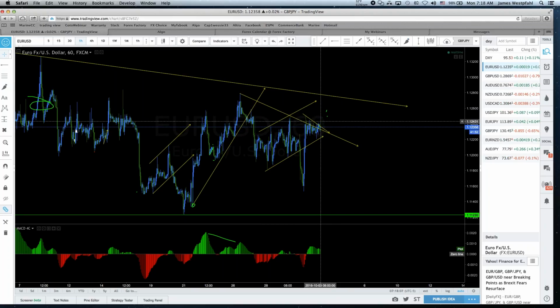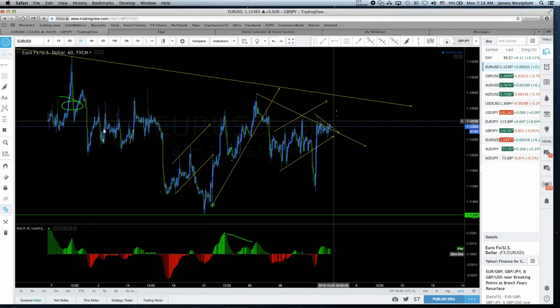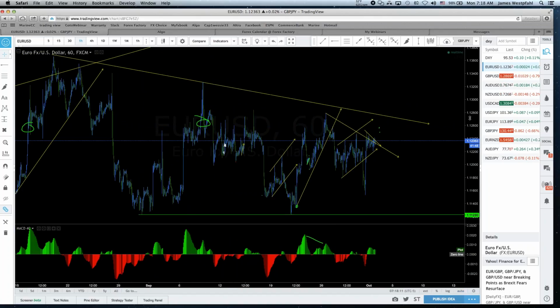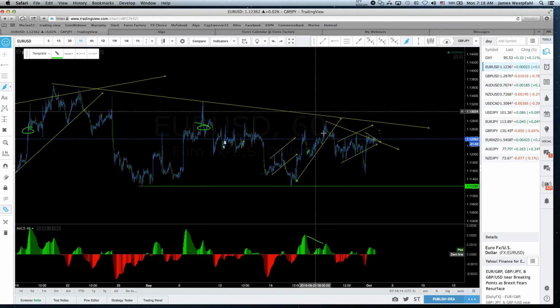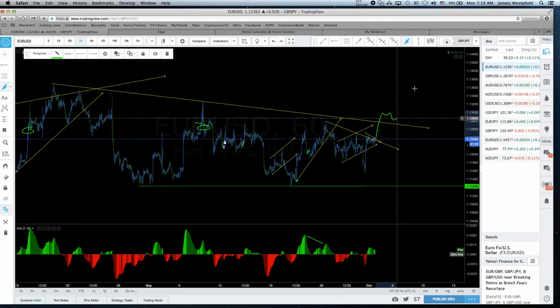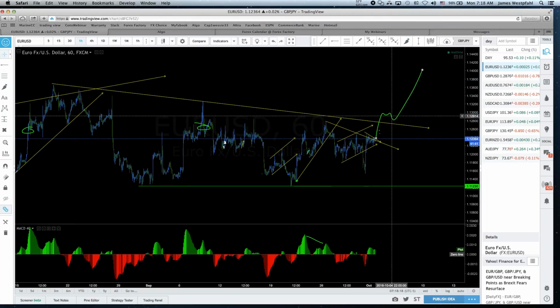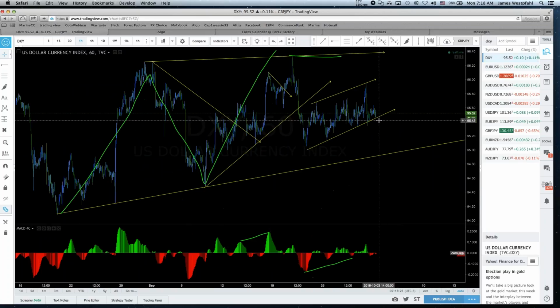This first trade necessarily isn't the one we want to catch. We want to catch if it breaks this. If it breaks that and consolidates, that'd be a good trade to take. Because by that time, the dollar index will have made its move out of this. So we'll know more information.